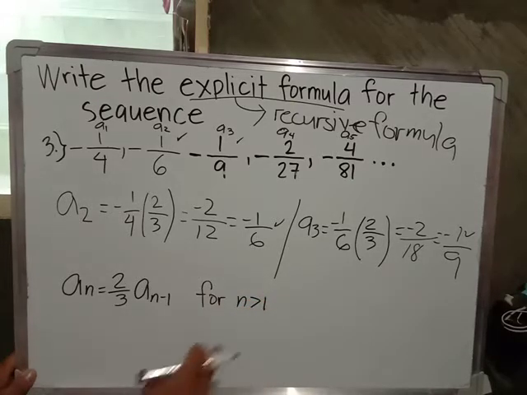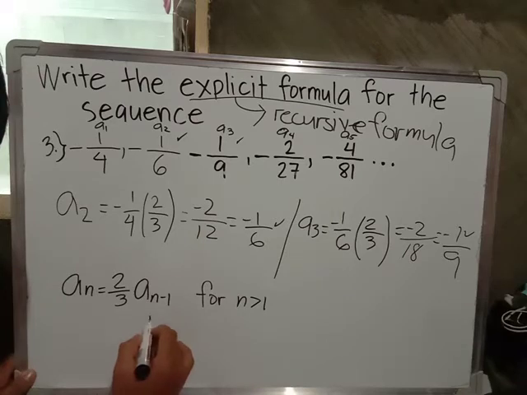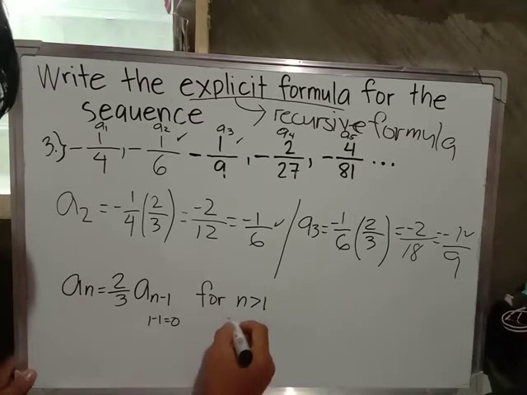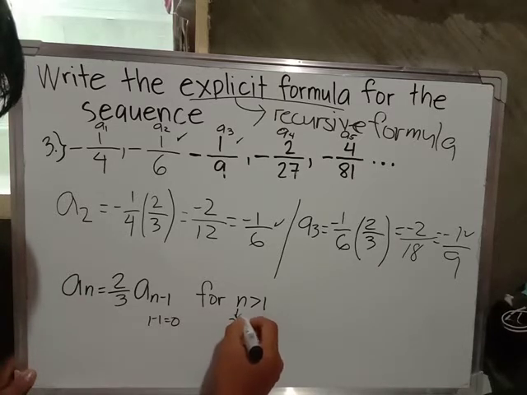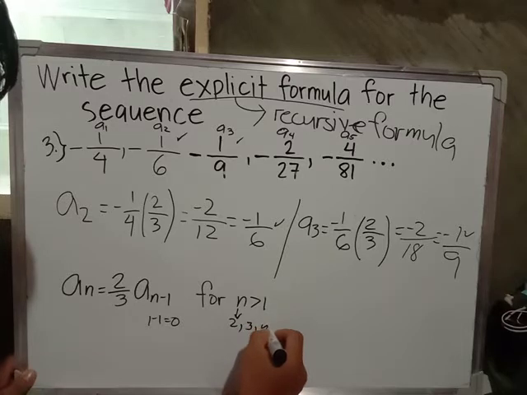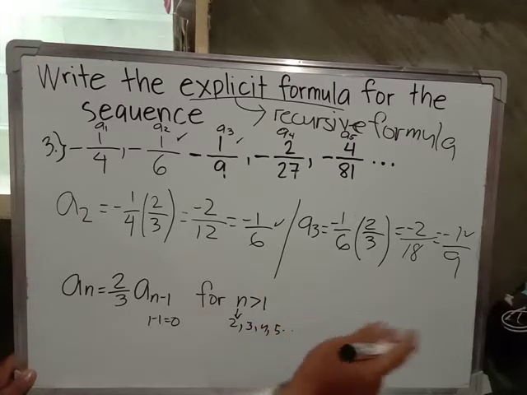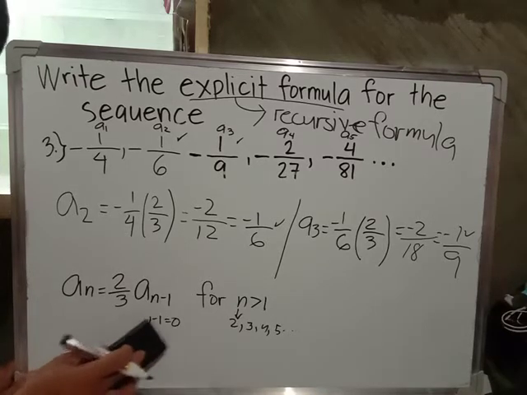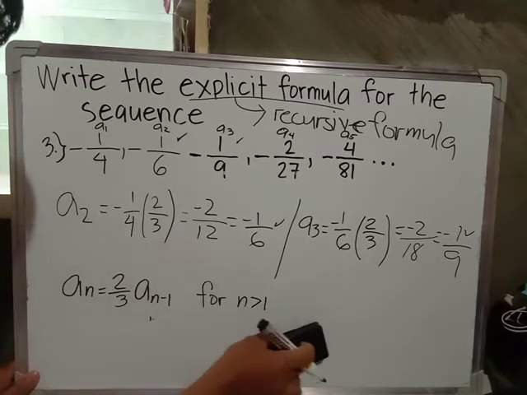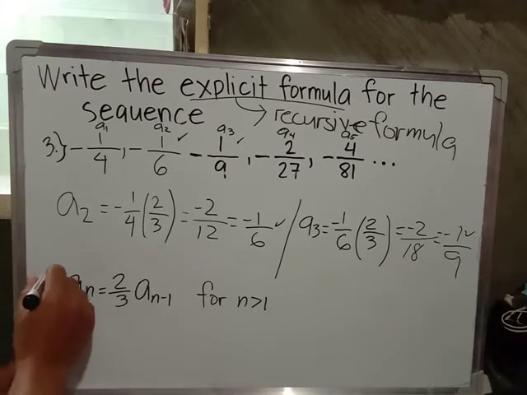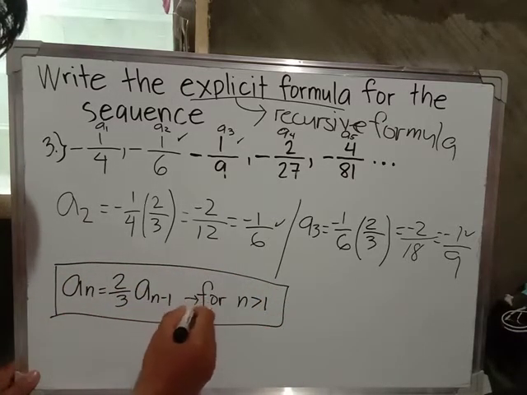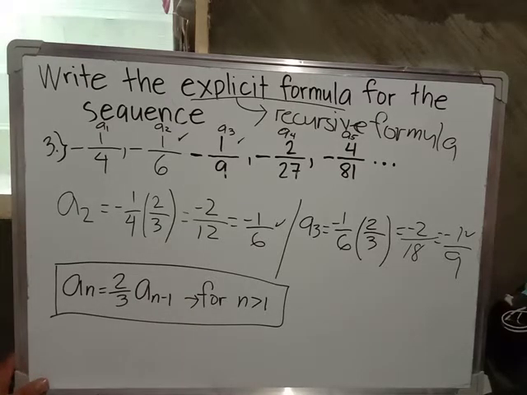Kasi hindi siya pwedeng mag 1 si n, kasi kung 1 si n, magiging 1 minus 1 is equal to 0. So, wala na tayo dyan sa sequence na yan. So, ang n natin could only be 2, 3, 4, 5, and so on up to infinity kung hanggang saan aabot yung sequence mo. Okay? So, ito na po ang recursive formula natin, with a certain condition, for n is greater than 1.